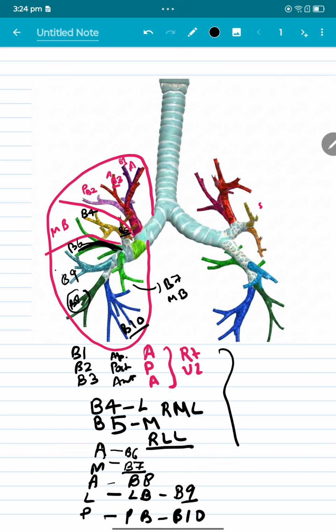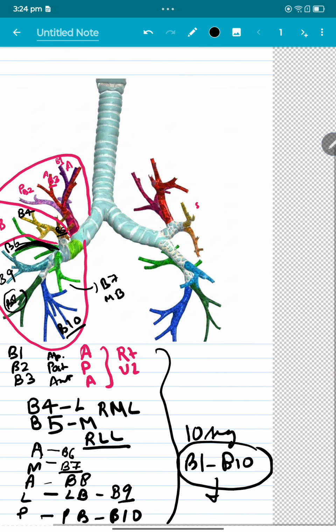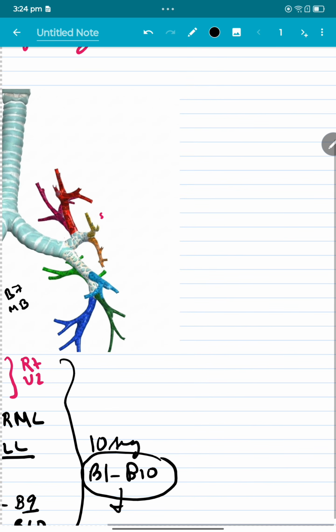So these are the 10 segments from B1 to B10 on the right side of the lung.